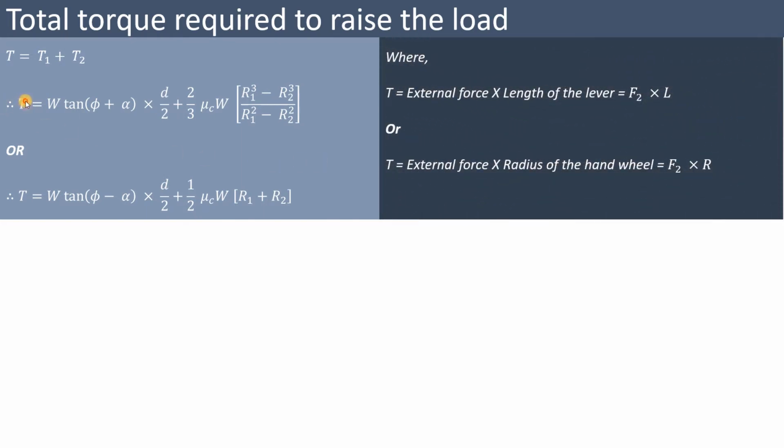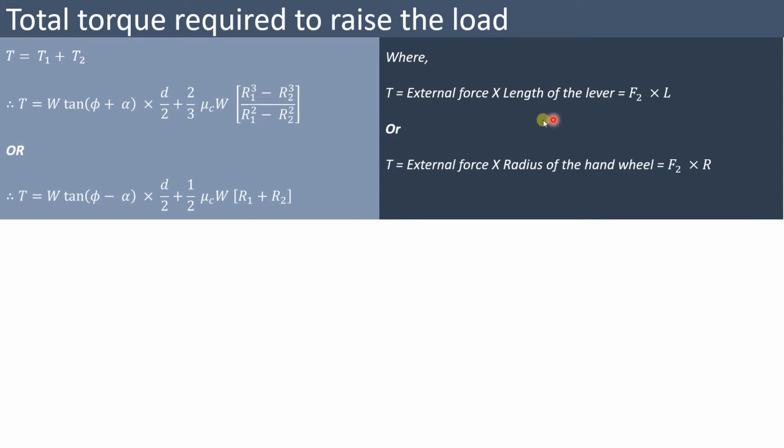Now this torque that we are applying with the help of some mechanical advantage. So that torque is equal to, that is the left hand side. This is the torque which is related to the screw and collar surface. Now this torque we have to obtain by some mechanical advantage. So that we are obtaining using the length of the lever, or the radius of the hand wheel. That is using the hand wheel and lever we are having this particular mechanical advantage.